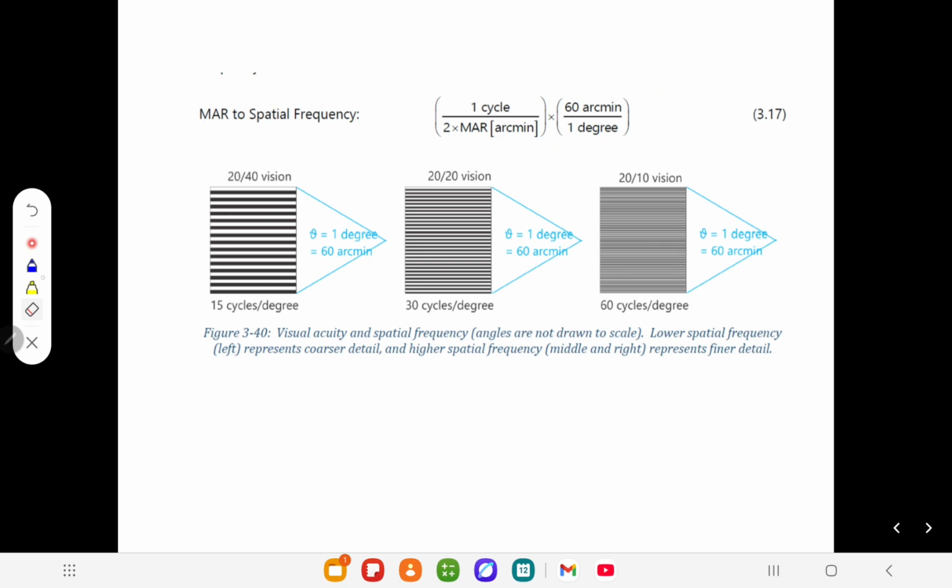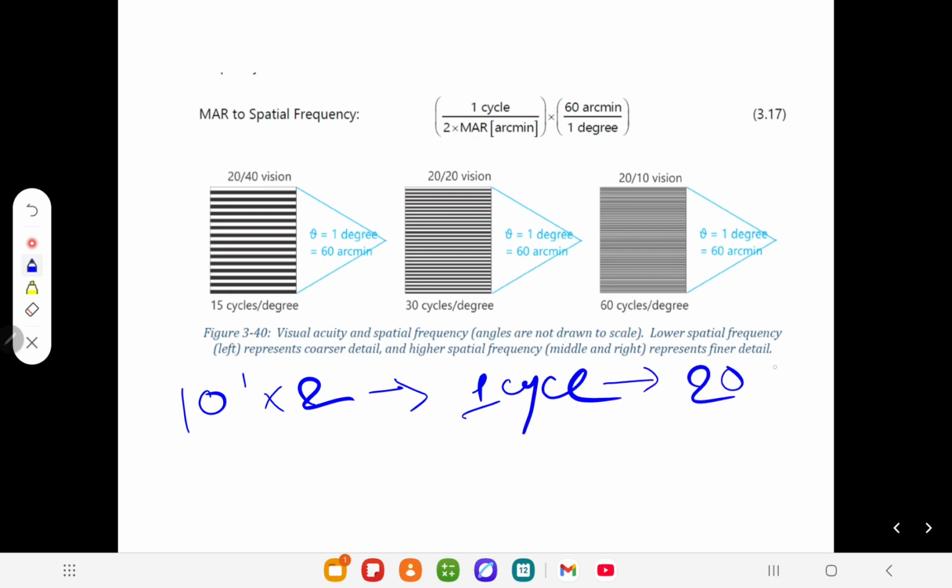For example, if MAR is 10 minutes, then two of those MAR, one black and one white, make one cycle. For one cycle they need 20 minutes. If I multiply 1 here and 3 here, then it's 60.